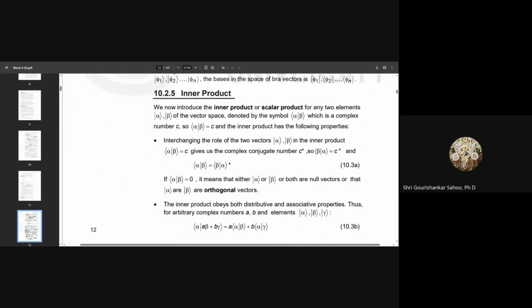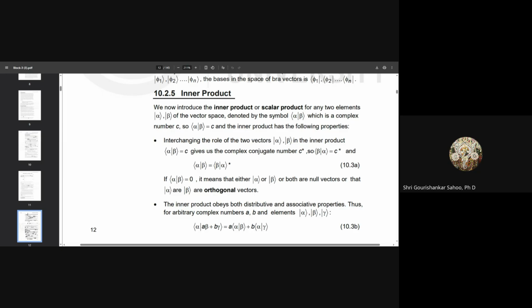Then your inner product. I have discussed it earlier, and in bracket notation it is written in a different format. So the inner product or scalar product for any two elements, alpha and beta ket, of the vector space is denoted by the symbol in a bracket, alpha beta, where alpha is placed in a bra and beta is placed in a ket.